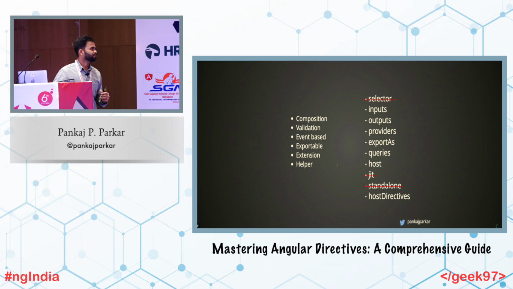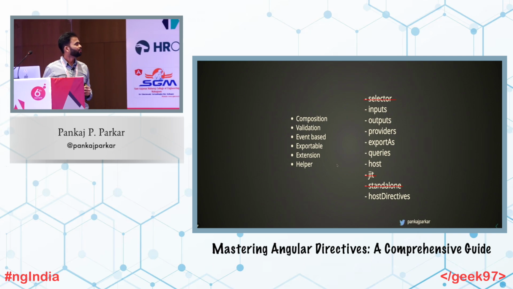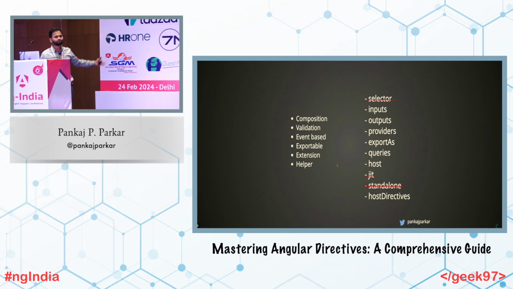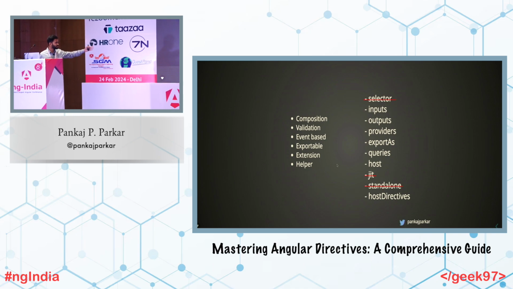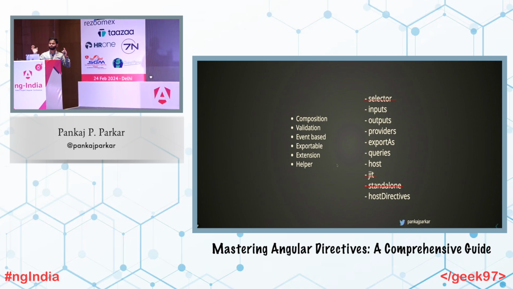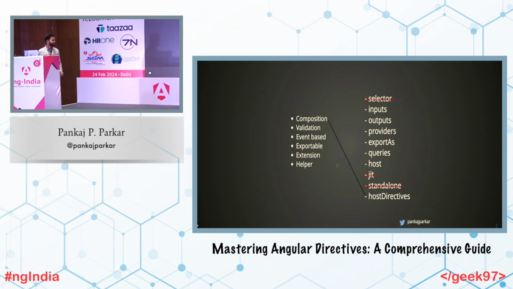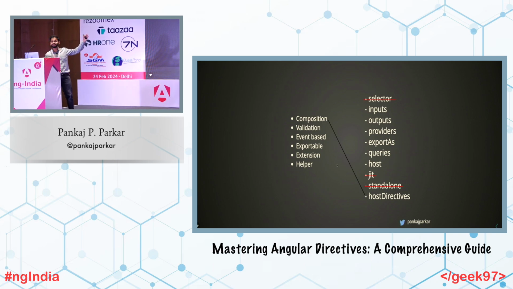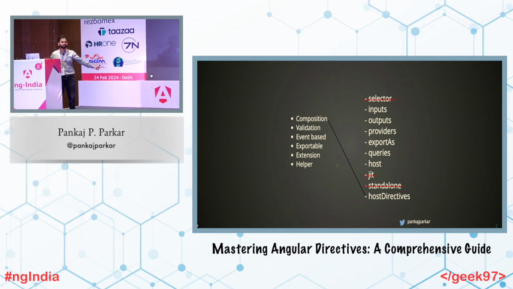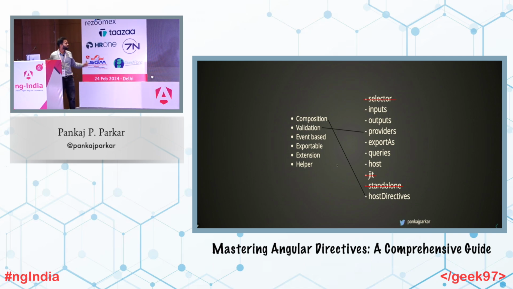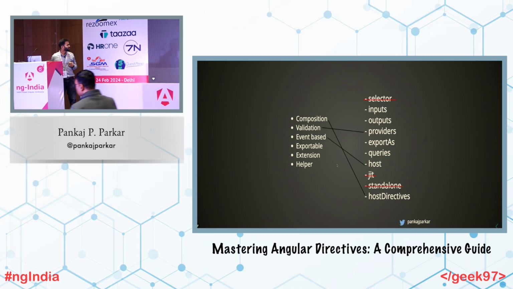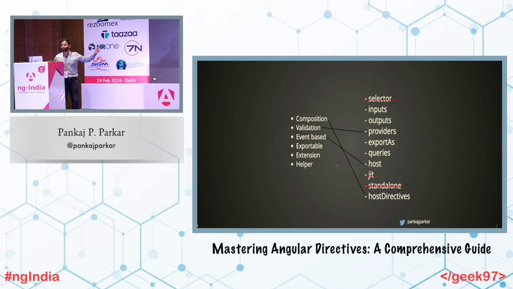So far we have seen all 6 types of directives, and we now try to play the same game which we discussed at the beginning. The composition directive type refers to host directives. Validation directives generally take providers. Event-based directives, you might have to go for the host option to evaluate.